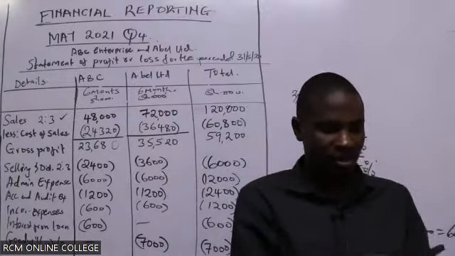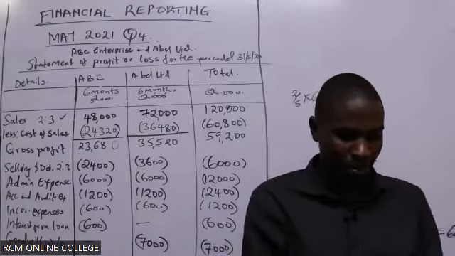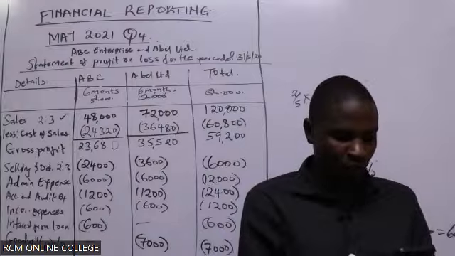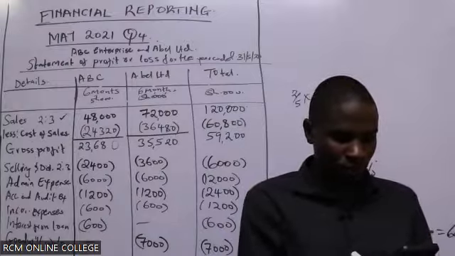It will affect the Abel income statement. But we now have to get the total. What will be the total? We need to get the total salary.